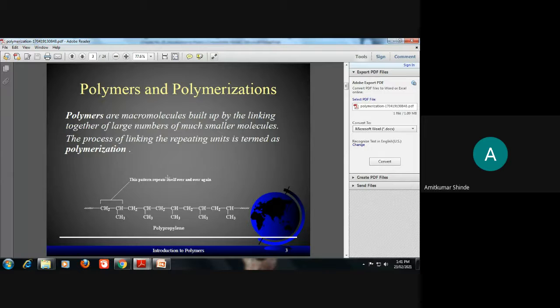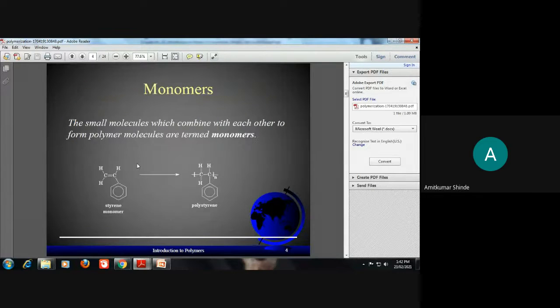This first slide you can go through. Here they have explained the meaning of polymerization and the meaning of polymers. Before discussing polymers and polymerization, first we will discuss the meaning of monomers.